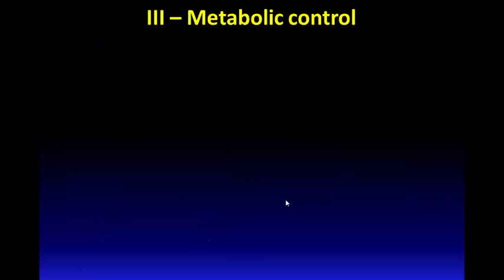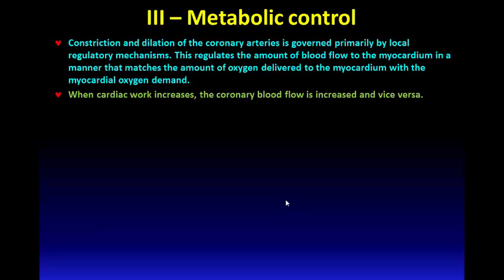Now let's describe the metabolic control of coronary blood flow, which is the most important regulatory mechanism of coronary blood flow. Constriction and dilatation of the coronary arterioles is governed primarily by local regulatory mechanisms. These local regulatory metabolic mechanisms regulate the amount of blood flow to the myocardium in a manner that matches the amount of oxygen which is delivered to the myocardium with the myocardial oxygen demand.